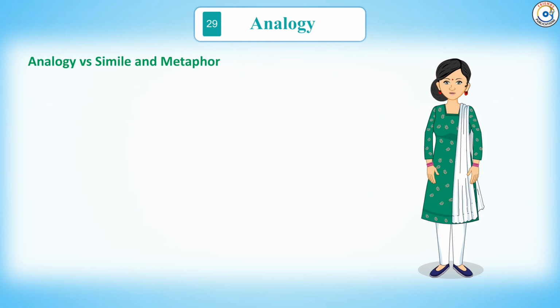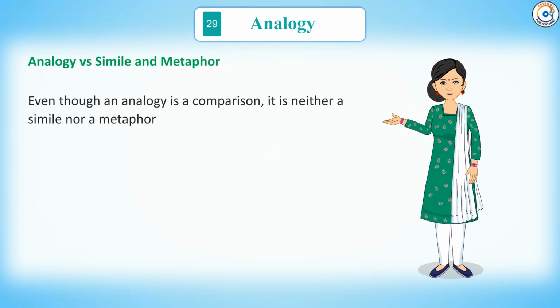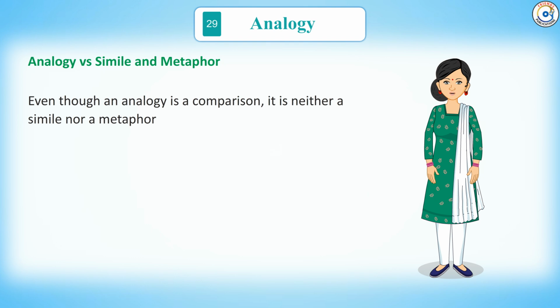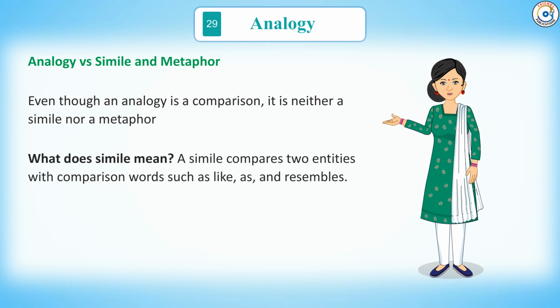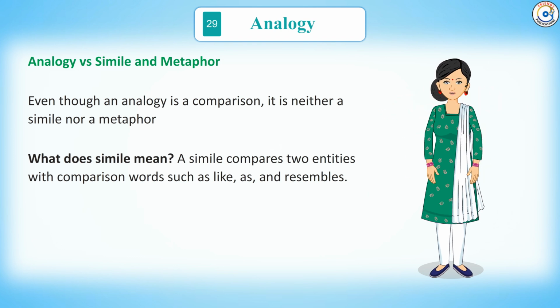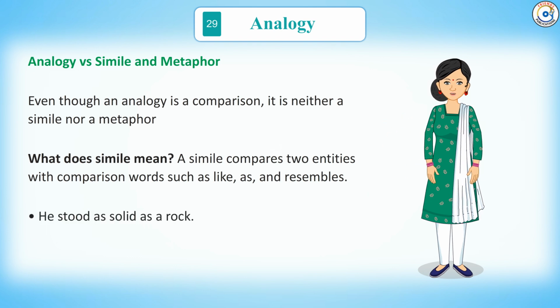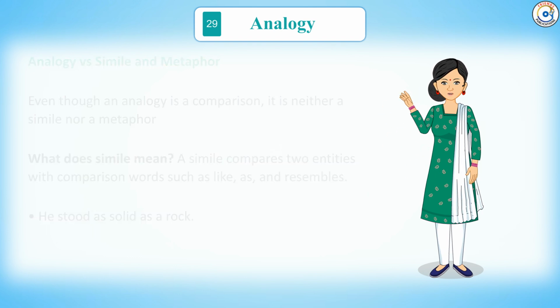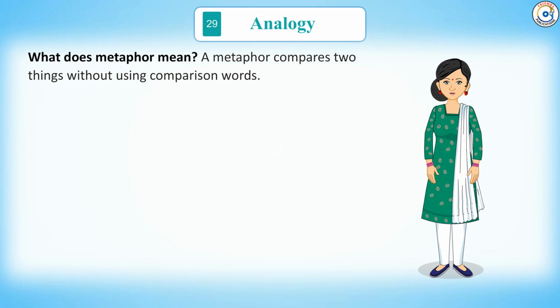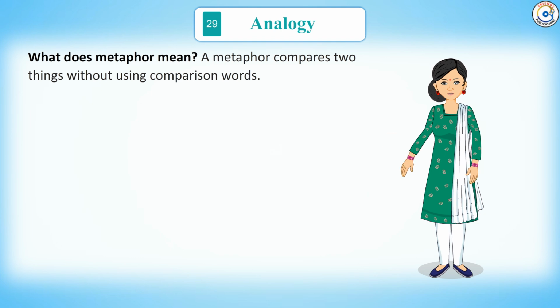Analogy versus simile and metaphor. Even though an analogy is a comparison, it is neither a simile nor a metaphor. What does simile mean? A simile compares two entities with comparison words such as like, as, and resembles. He stood as solid as a rock. What does metaphor mean? A metaphor compares two things without using comparison words.